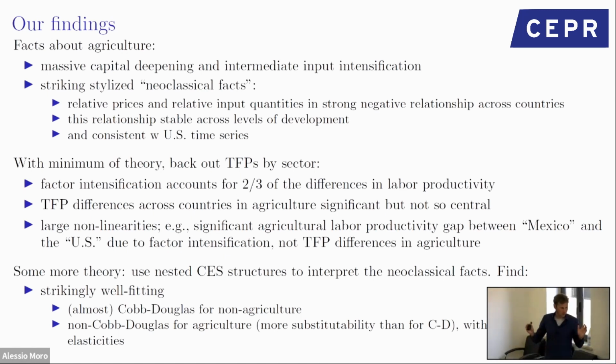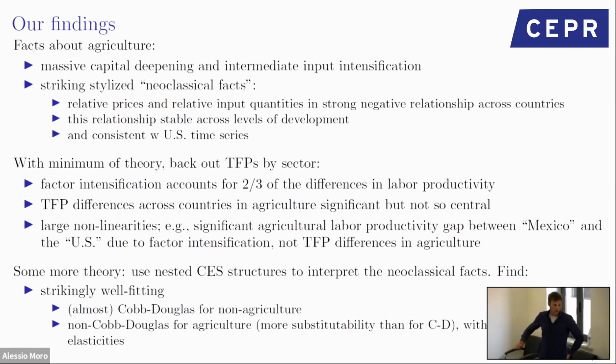We just back out TFPs. Later, you're right, we're going to close the model, and we have a full-blown dynamic GE model. There, in the end, we're going to make the assumption that it's a closed economy. But that's a big assumption. Later, maybe I can talk a bit about the extensions we have, of course, started thinking about, where you open up for trade, and maybe I can talk a little bit more about those results. But yes.